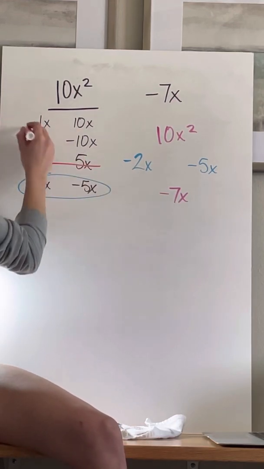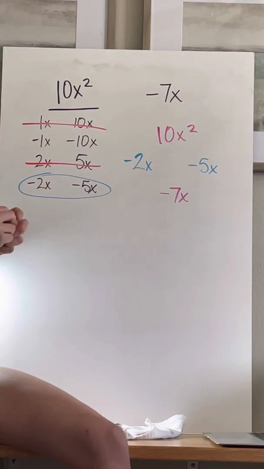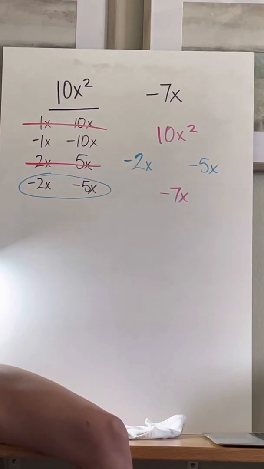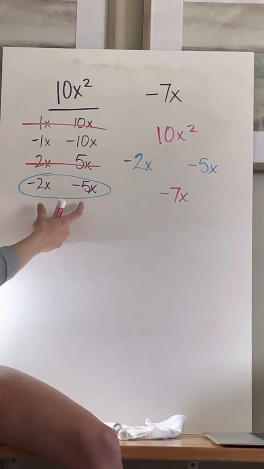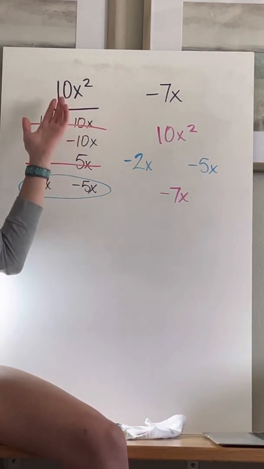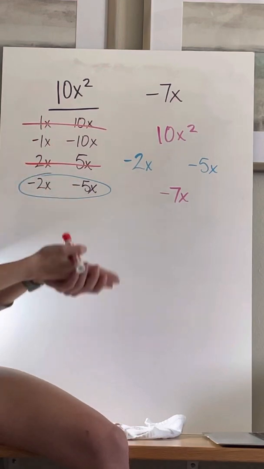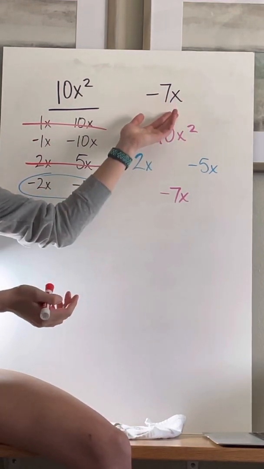So this one won't work and this one won't work. So it's going to be one of these. And the reason is because when we multiply negatives, they'll give you your positive product. But when you add two negatives, you're going to stay in the negatives.